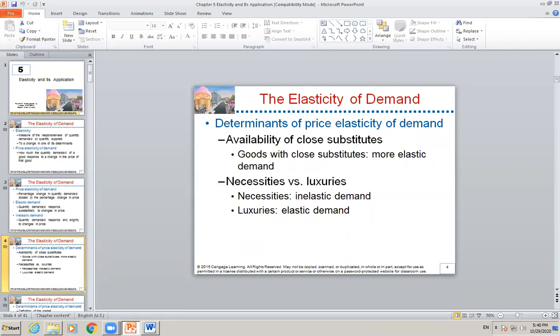If the price changes, that will have a small effect on the quantity, or it might not affect it at all. And luxury products have elastic demand. A luxury product can be traveling abroad for a holiday, like Turkey, Europe, or the US, any country. If the price falls, the quantity demanded for those types of services will increase substantially.